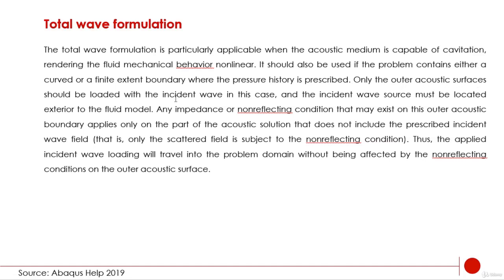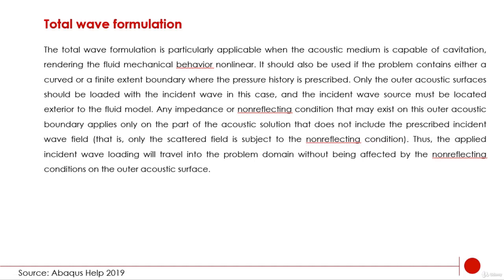Only the outer acoustic surface should be loaded with the incident wave in this case, and the incident wave source must be located exterior to the fluid model. Any impedance or non-reflecting condition that may exist on the outer acoustic boundary applies only to a part of the acoustic solution that doesn't include the prescribed incident wave field. Which means that when we define the non-reflecting or any impedance condition at the initial condition, we need to deactivate that when the explosion happens and the wave is created.